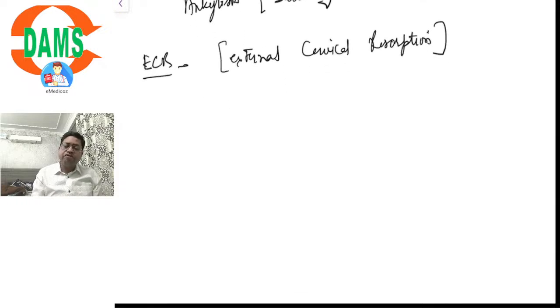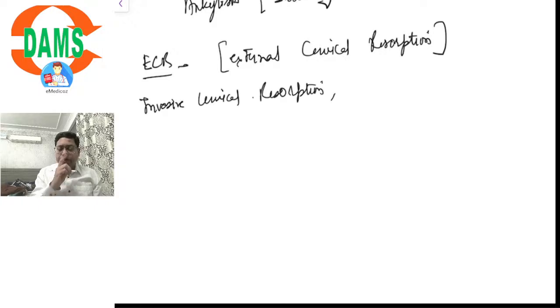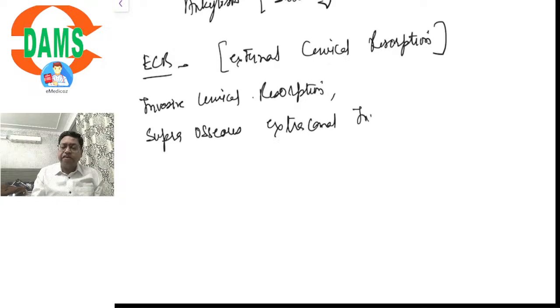External cervical resorption is known by other names like invasive cervical resorption, supraosseous extracanal invasive resorption. These are the different terms which are used for external cervical resorption.